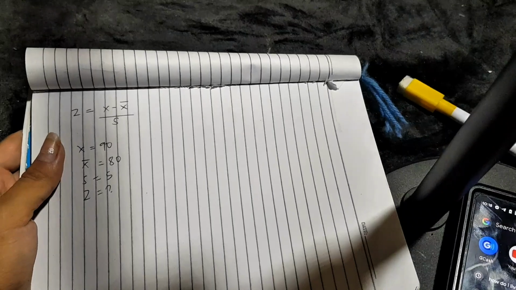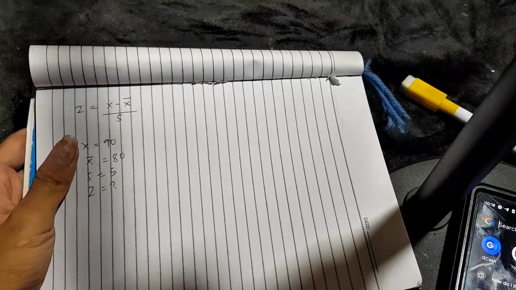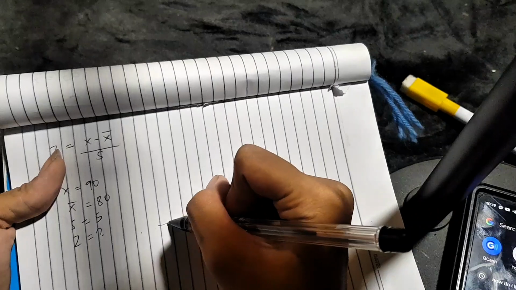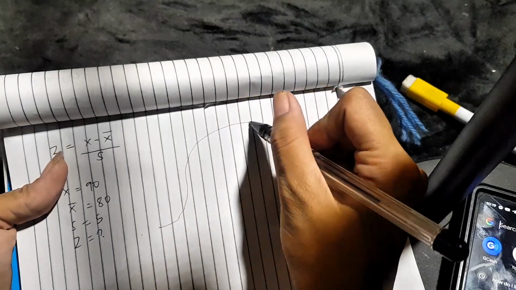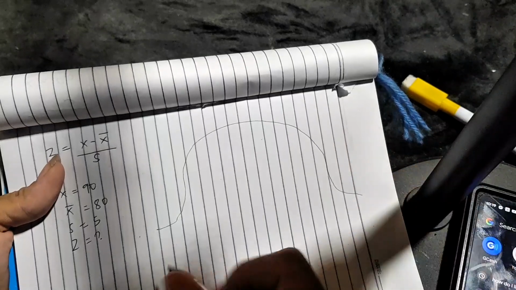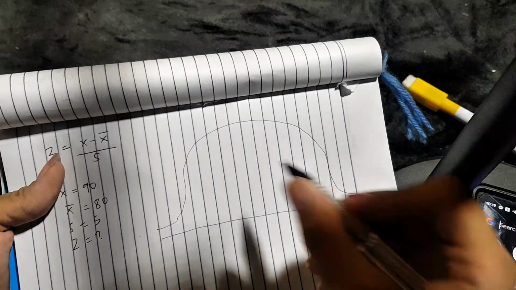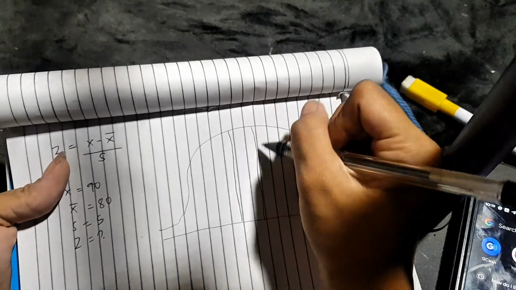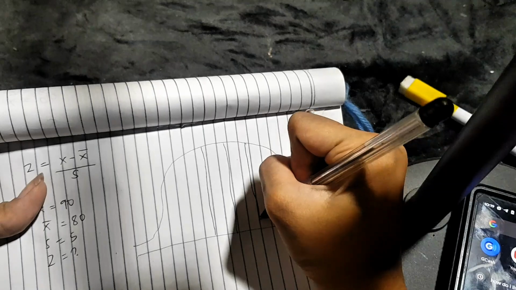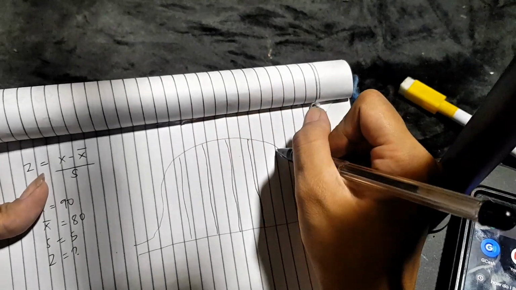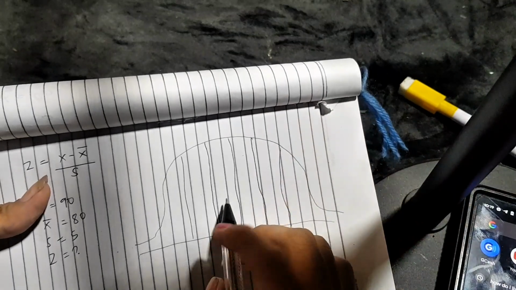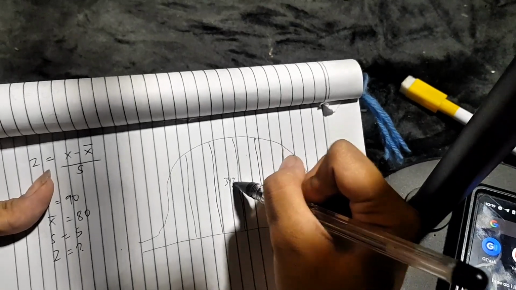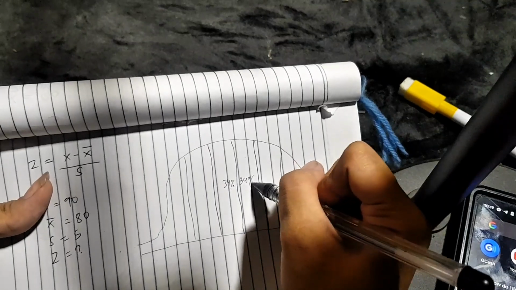So ngayon ay gagawa tayo ng bell shape, a normal distribution curve. The first one is 34%, and also on this side, 34%.